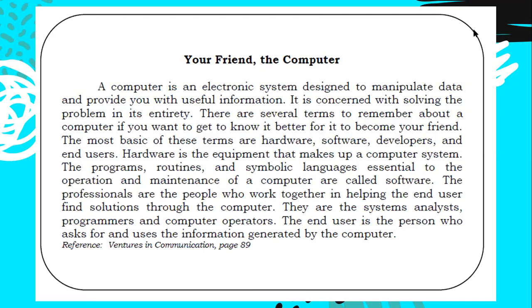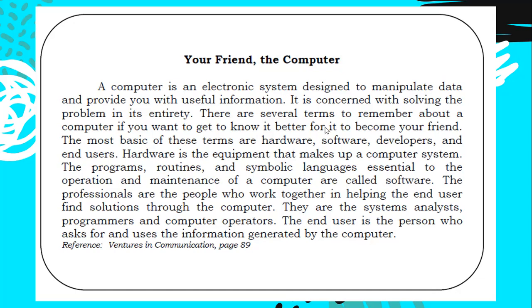Your friend, the computer. A computer is an electronic system designed to manipulate data and provide you with useful information. It is concerned with solving the problem in its entirety. There are several terms to remember about a computer if you want to get to know it better for it to become your friend. The most basic of these terms are hardware, software, developers, and end users. Hardware is the equipment that makes up a computer system.